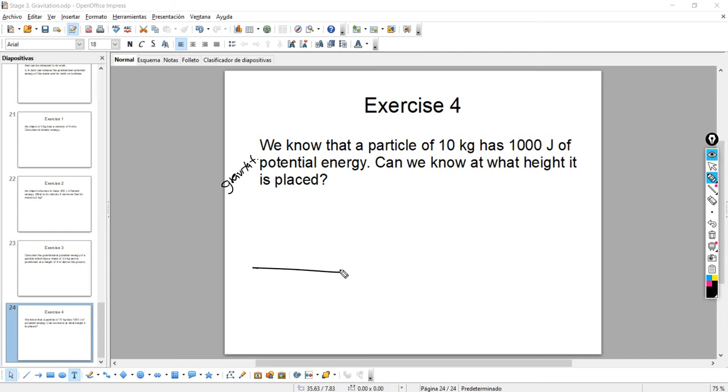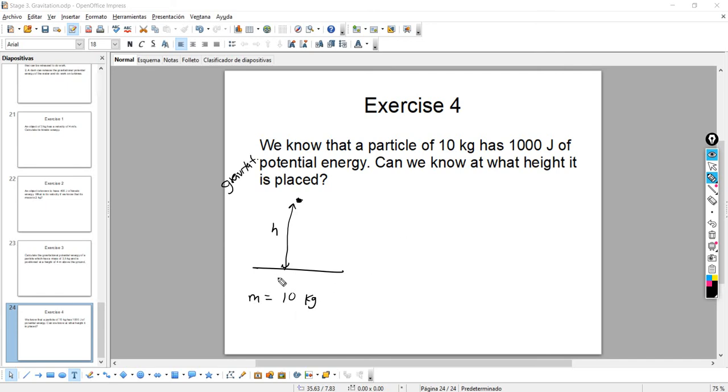Let's see. So we have the ground, we have the particle positioned some height above the ground, which we don't know. At this point, we don't know this height. The only thing we know is the mass of this particle, which is 10 kilograms.